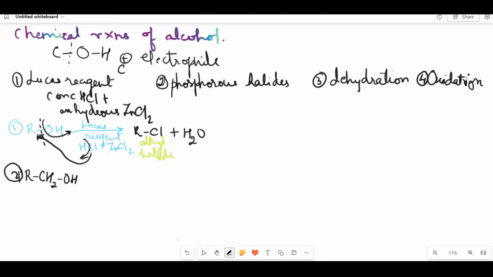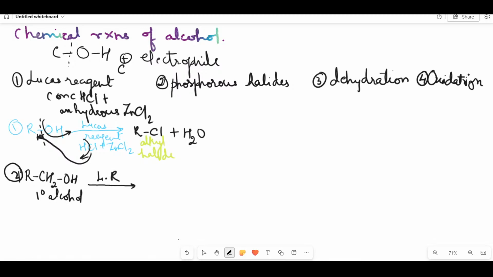RCH2OH. So this is carbon attached to one carbon, that is 1 degree alcohol. Now this 1 degree alcohol, when we use, I'll just write down as LR, that is Lucas reagent.